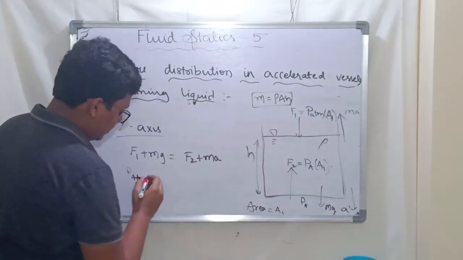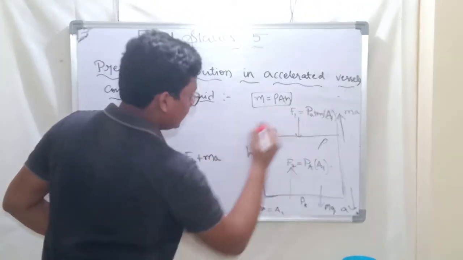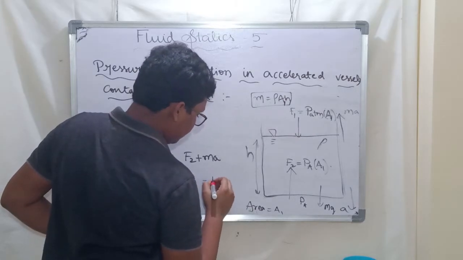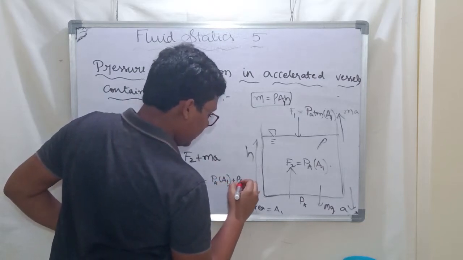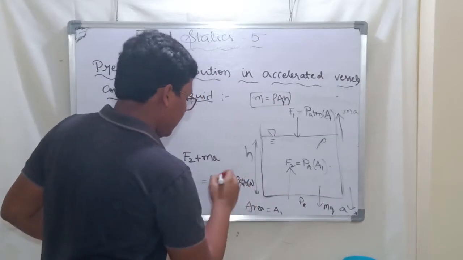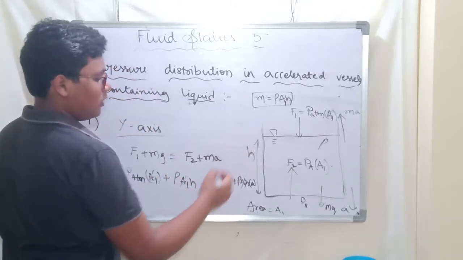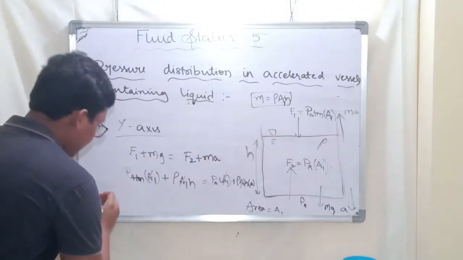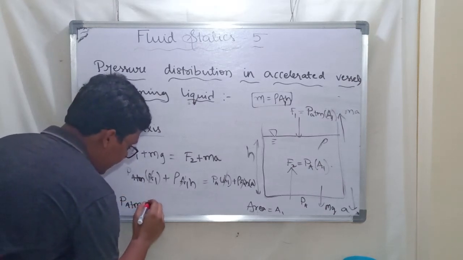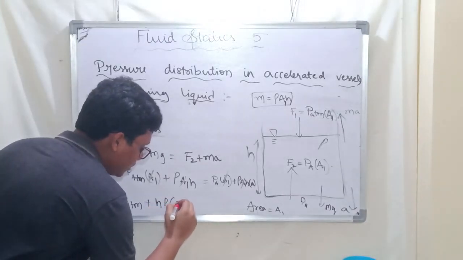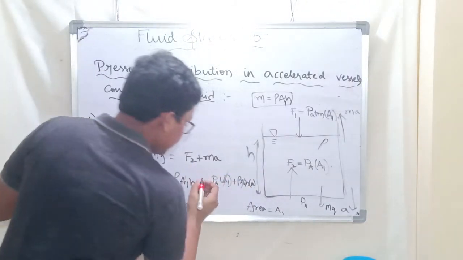PATM into A1 plus rho A1 into H into G is equals to PA into A1 plus rho A1 into H into A. Here we take A1 common and it gets cancelled, and at last we have PA is equals to PATM plus H rho into G minus A. Oh, sorry, here G is missing.